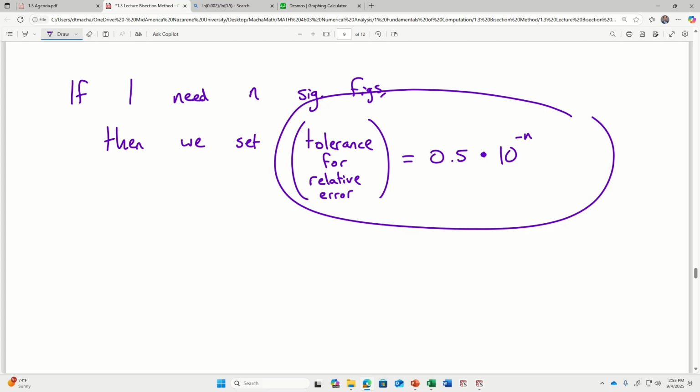And that's how you can calculate your tolerance. So if I want 6 significant figures, it's 0.5 times 10 to the negative 6.